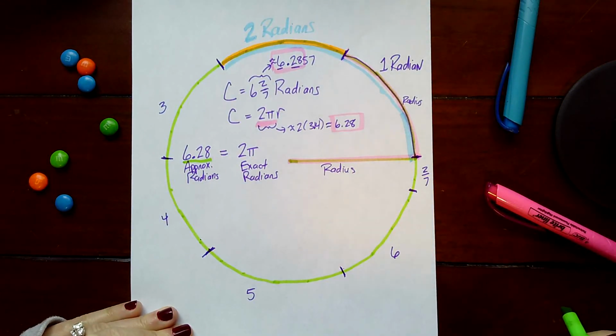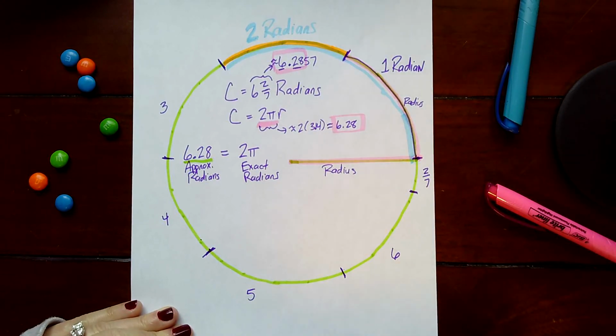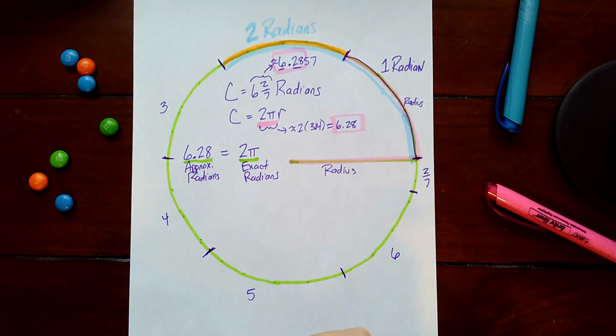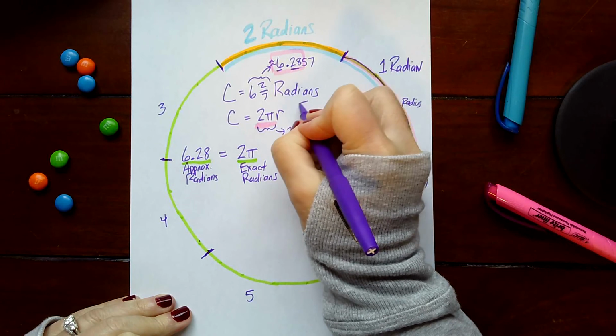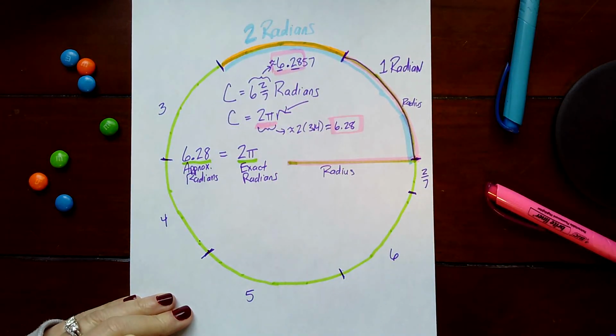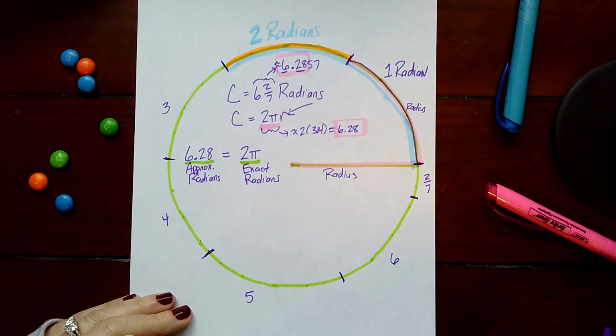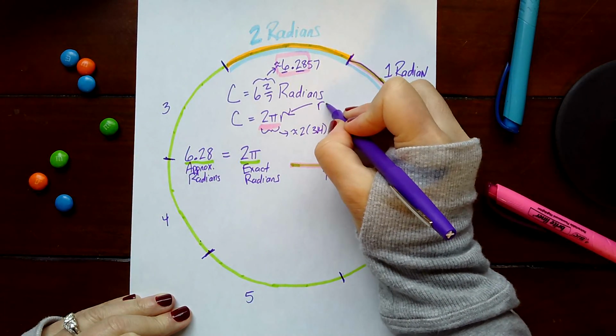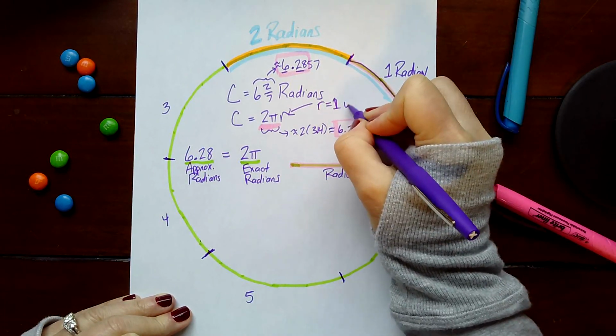Now in trigonometry, we don't tend to say 6.28 radians as much. We like to speak in terms of pieces of pi, which is the same as 2 pieces of pi. Let me show you this connection. What is the radius of the circle so that we know the circumference would be 2 pi? To make that happen, the radius would have to equal 1 unit.